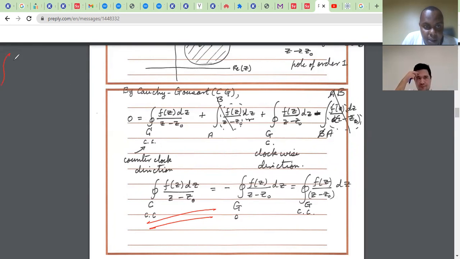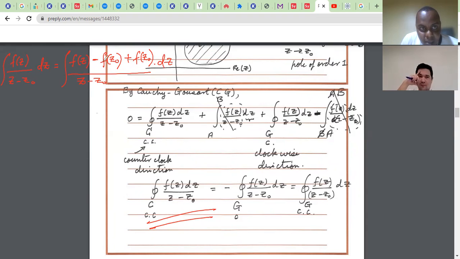So the integral of f(z) over z minus z naught dz is the same as the integral of f(z) minus f(z naught) plus f(z naught), divided by z minus z naught, dz. You see, these two are the same thing because minus f(z naught) plus f(z naught) is nothing.